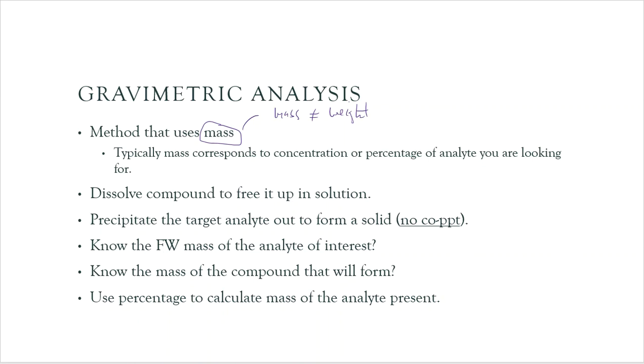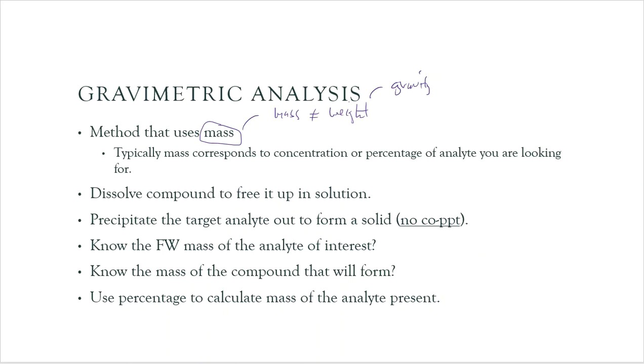So mass and weight we regard as meaning the same thing, but by definition, they are not the same. Weight is really dependent upon gravity, and mass is not. Mass is how much stuff you are made up of. And no matter how much stuff you're made up of, you're made up that much stuff, and it's consistent. Weight, on the other hand, is due to gravity. So that's where the definitions are slightly different.